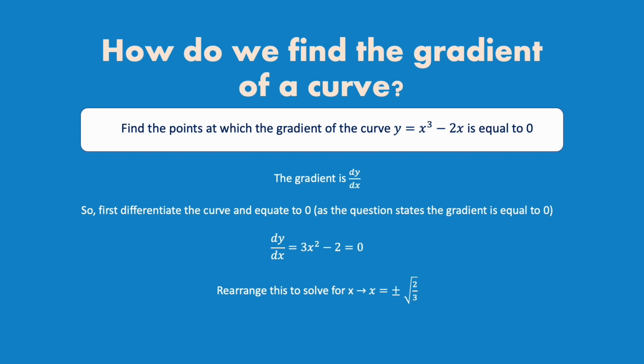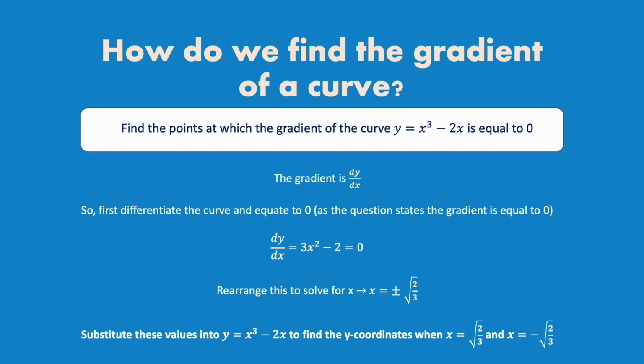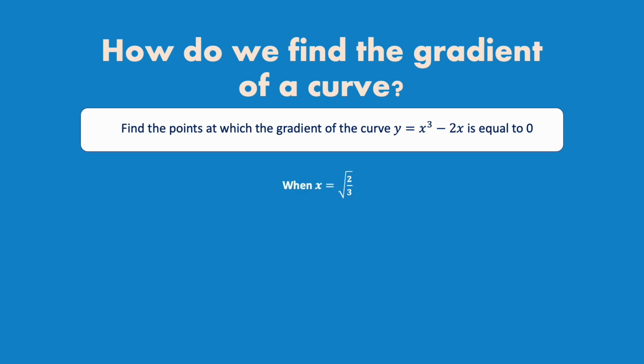And because in this question they didn't just say find the x coordinates, they said find the points, I would go the extra mile there and also work out the y coordinates as well. And we do that just by substituting those x coordinates that we just found individually back into the original equation. So then that leaves us, when x is equal to root 2 over 3, if we just put that back into that original equation, that y equals x cubed minus 2x.